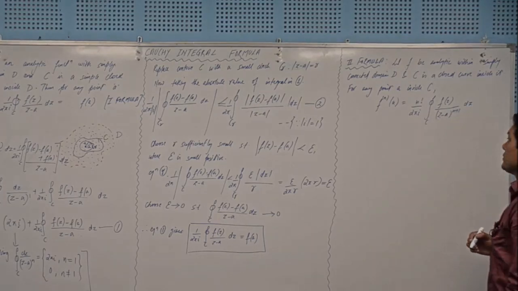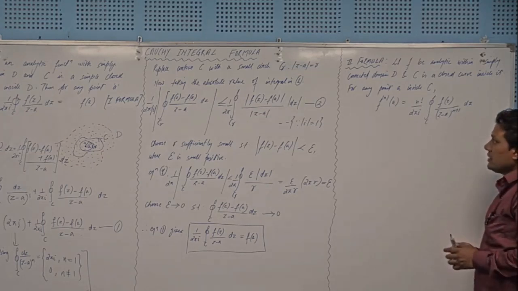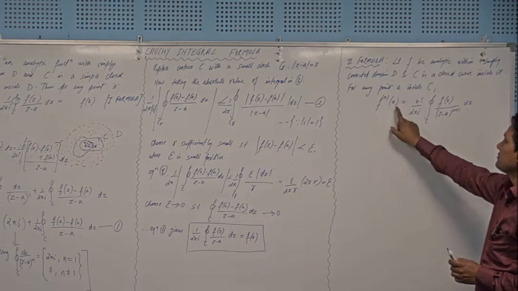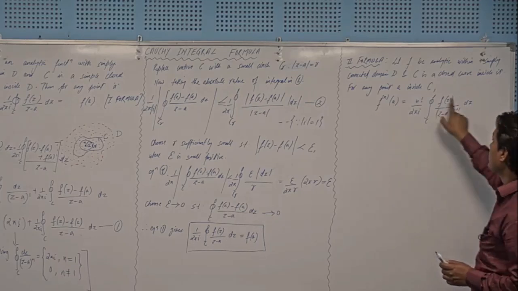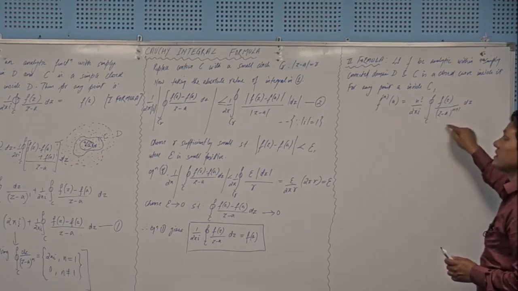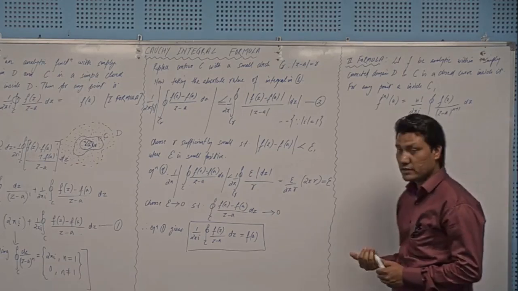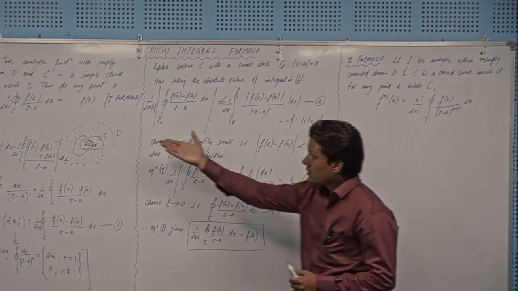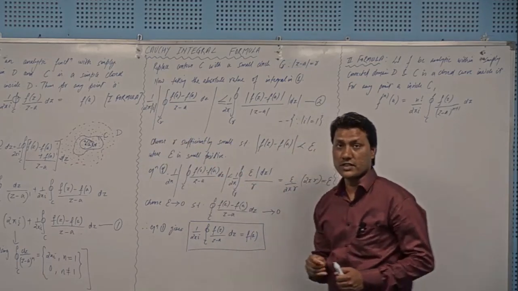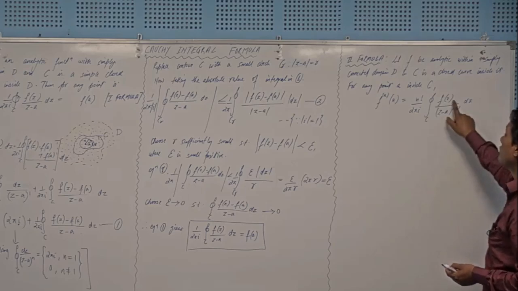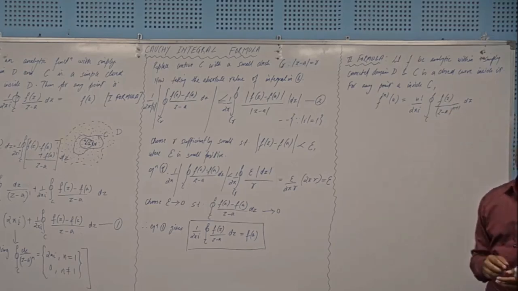This time the value of the derivative of the function can be found by using this integral. Or we can say that the value of the derivative at any interior point of the simply closed curve C can be found in terms of the values of the function at the boundary points.